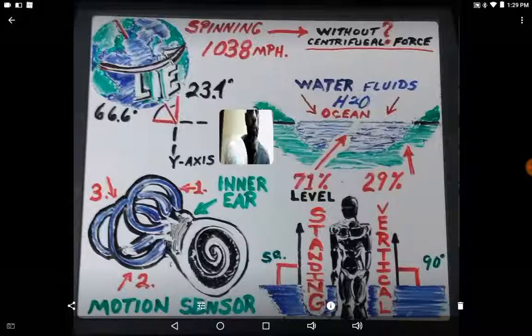Light on day one, the firmament on day two, solid landmass on day three, and the sun and the moon and the stars on day four. Day five, the beasts and creatures of the land. Including man, on day six.